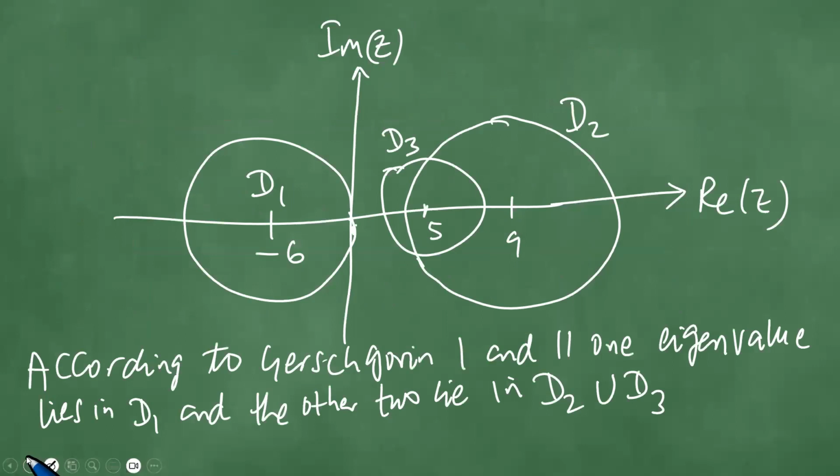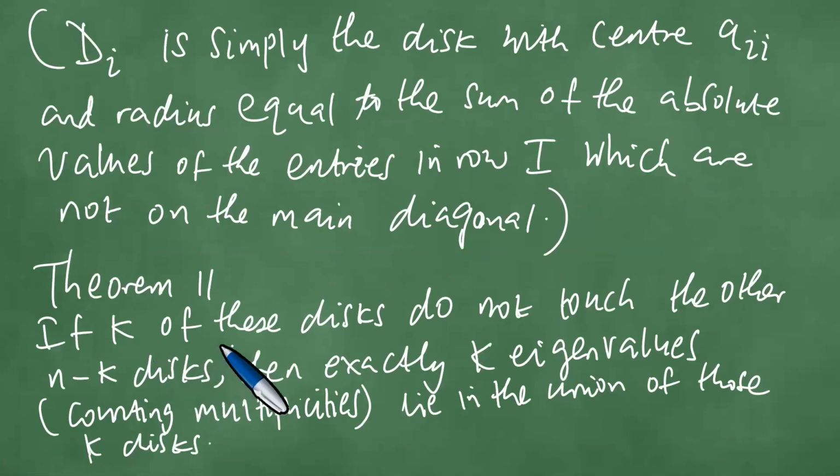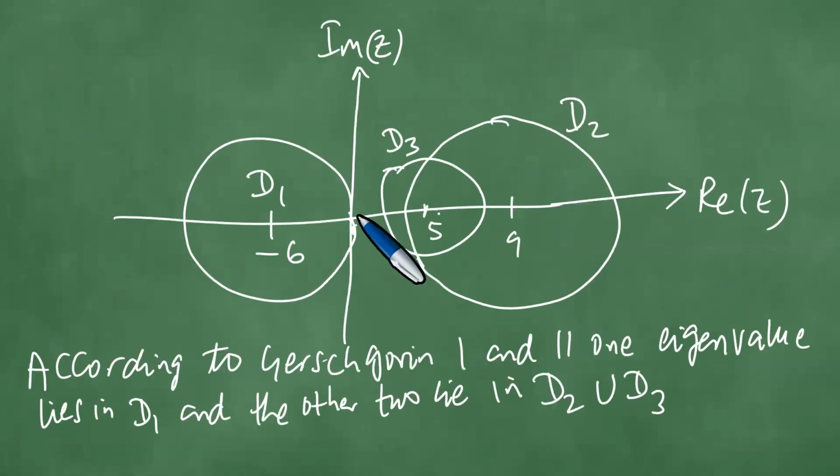That is what the theorems both agree on, because if k of these disks do not touch the other n minus k disks, like 1 does not touch 2, then exactly k eigenvalues, counting multiplicities, lie in the union of those k disks. So one eigenvalue is going to lie in 1, and the other 2 are going to lie in the union.